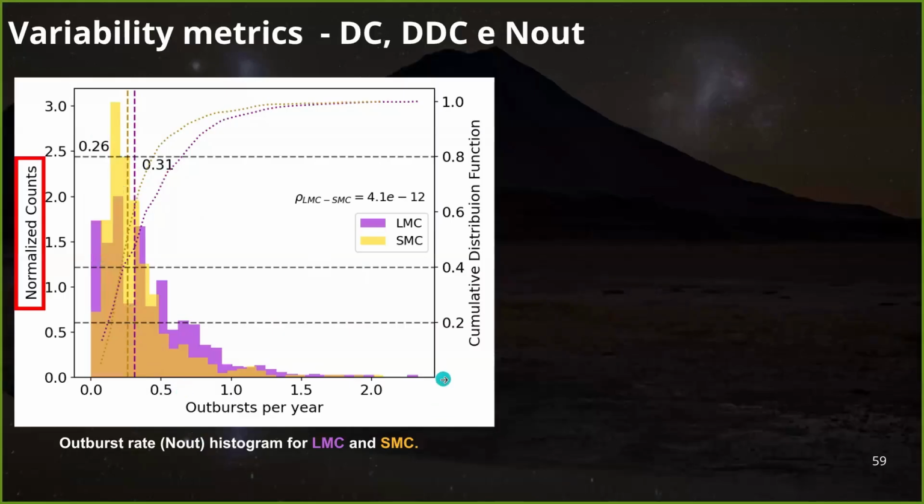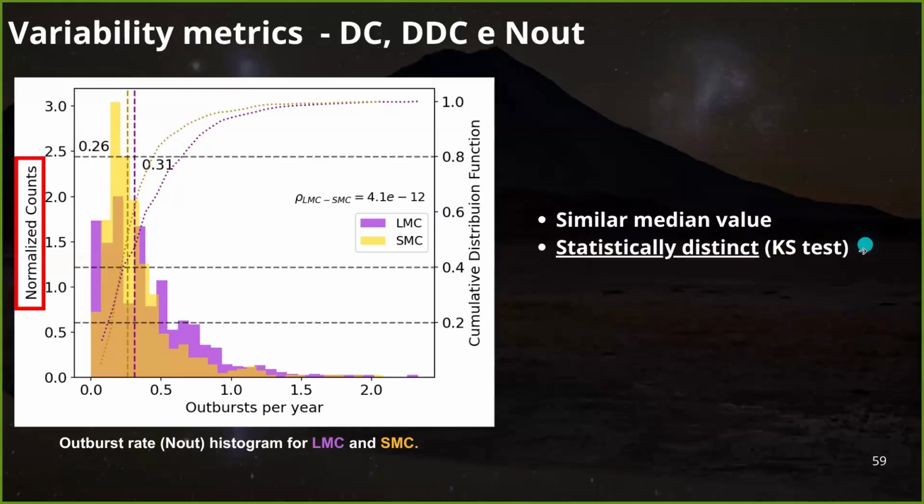And on the right side of this plot, we also show the cumulative distribution function, represented by those dotted lines here. We see that SMC targets show lower outburst rates than the LMC sample.